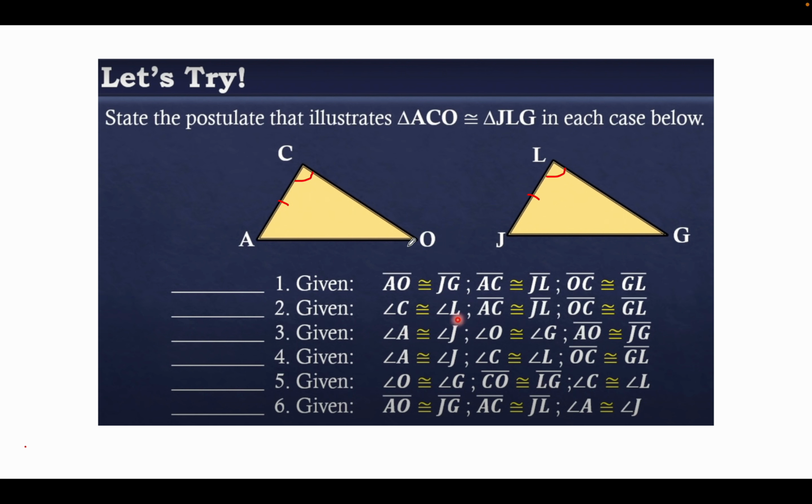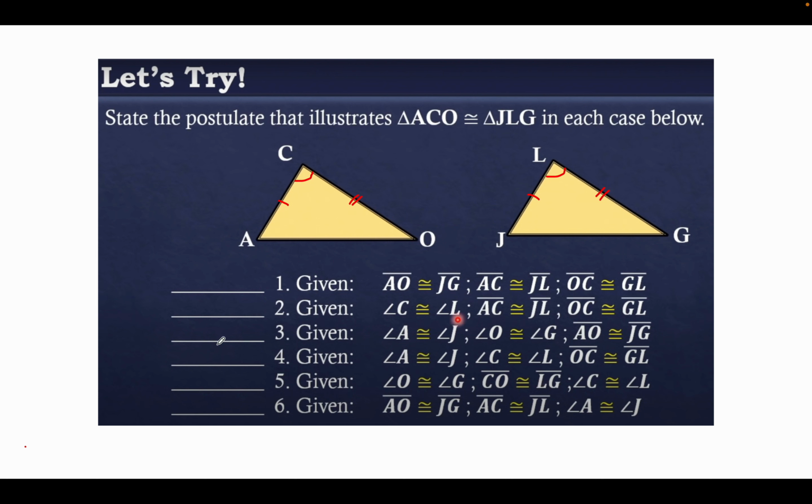And side OC here is congruent to side GL. So what postulate or theorem we can use to prove that the two triangles are congruent? Postulate SAS po. SAS congruence postulate. Okay, that's correct. Very good. You're a fast learner.